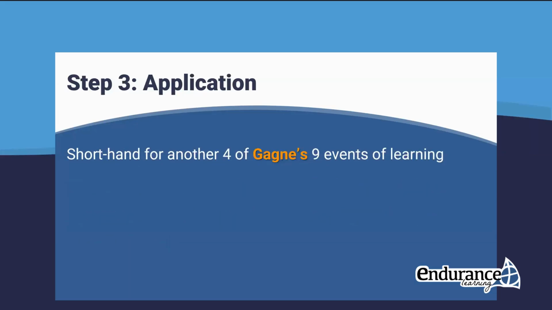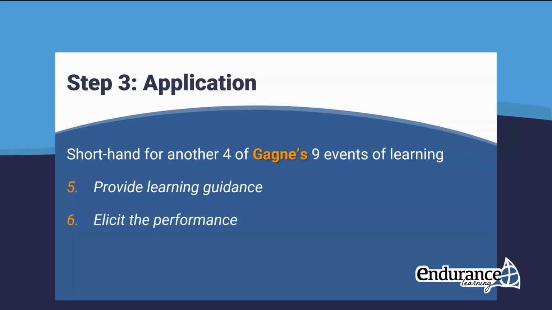And then finally, so the application step, when we think of Gagne's 9 events, this covers 4 of those. So it covers the idea of provide, after we give people information, after we've gotten their attention, provide them some learning guidance and elicit some sort of performance from our learners to see if they get it. And then based on that performance, we can give feedback. We can assess that performance.